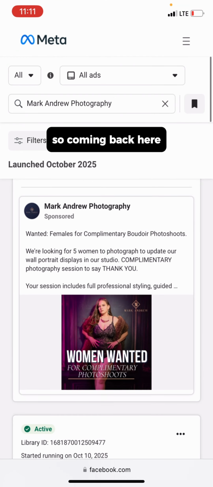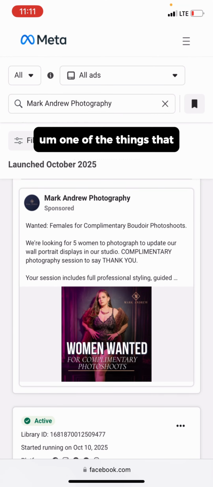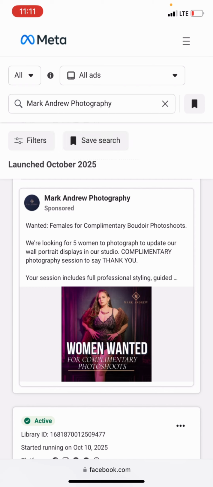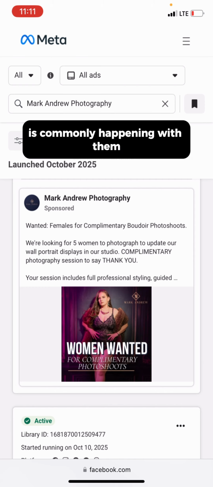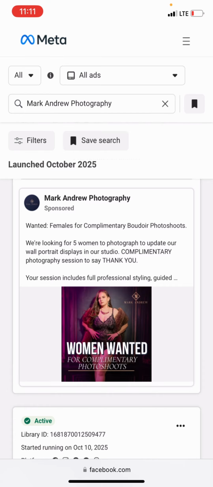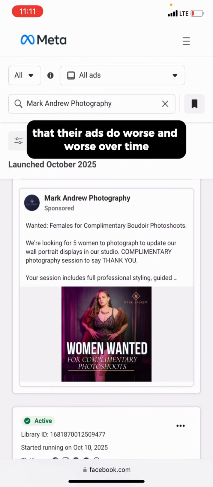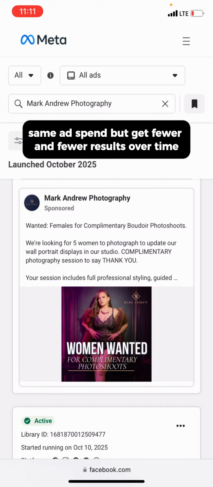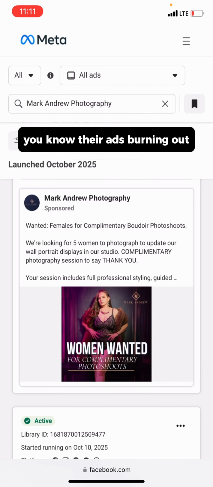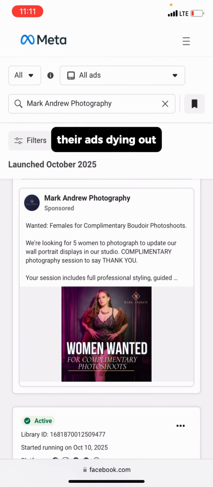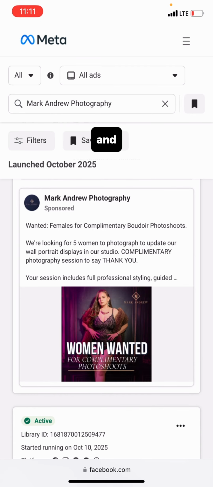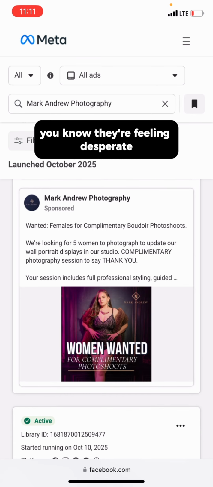So coming back here, one of the things that is commonly happening with boudoir photographers, when they've been running boudoir Facebook ads for a long time, is that it's pretty common that their ads do worse and worse over time, same ad spend but fewer and fewer results. Their ads are burning out, dying out, and they're feeling desperate.